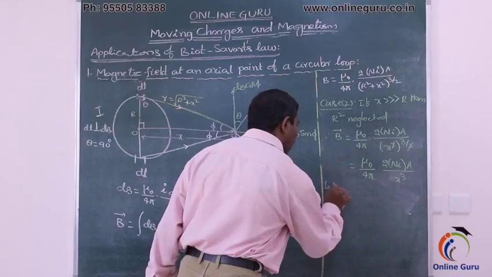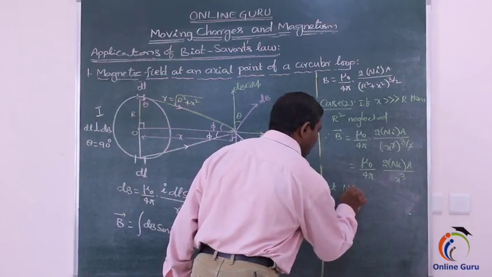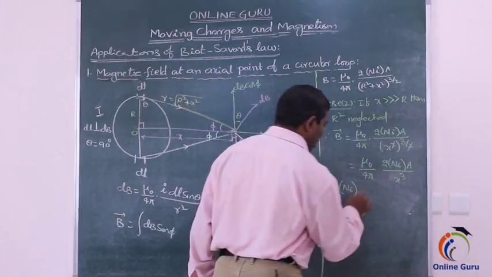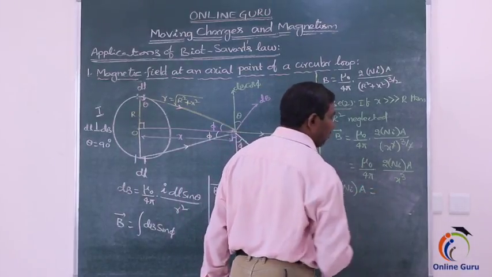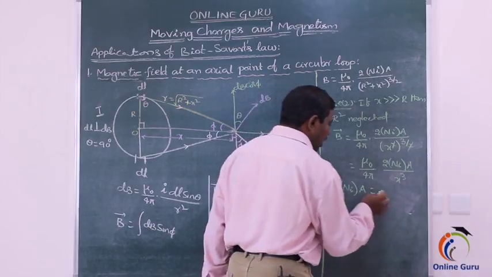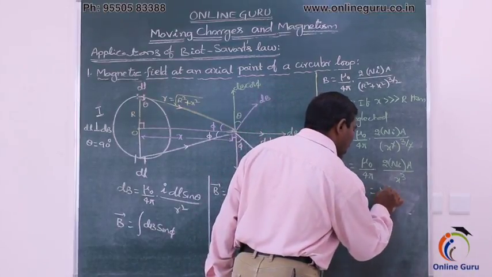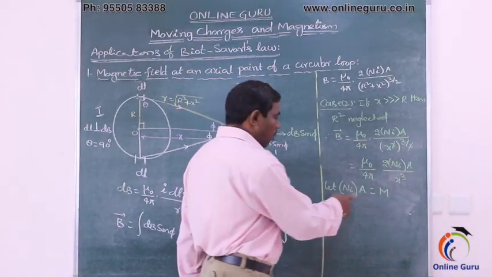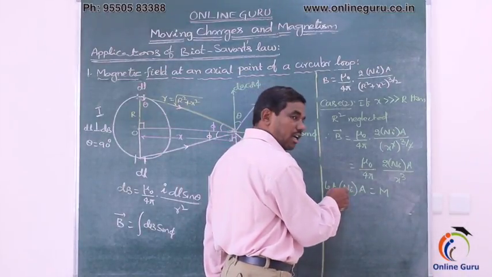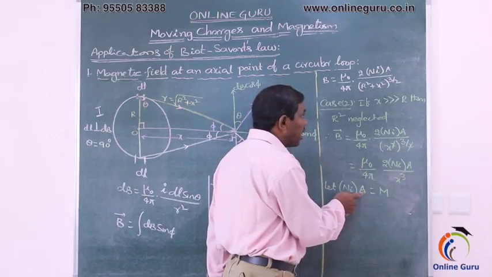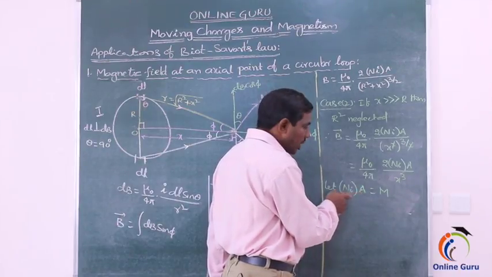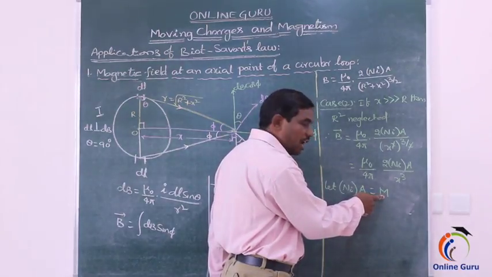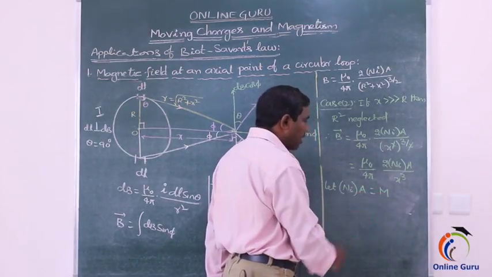Let us consider Ni, the ampere turns, into the cross-sectional area of the conductor, to be the magnetic dipole moment, written as a capital M. The product of ampere turns and the cross-sectional area of the conductor is said to be its magnetic dipole moment, denoted as a capital M.